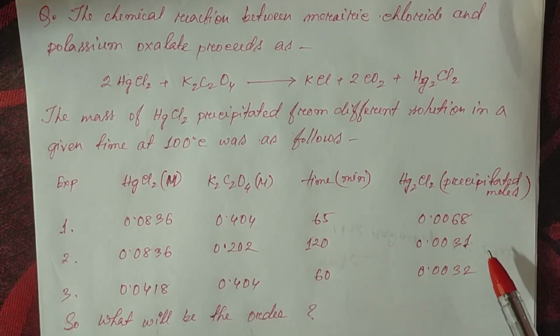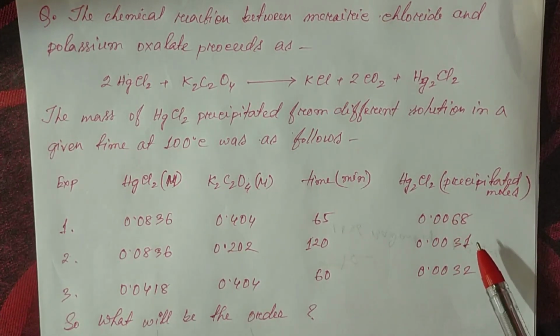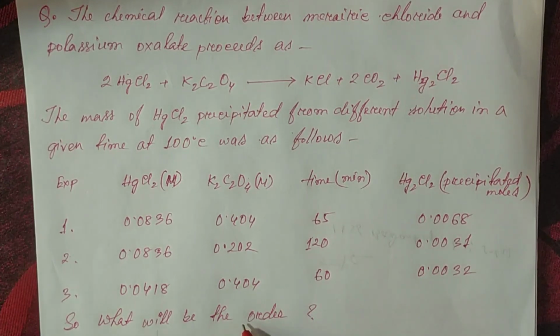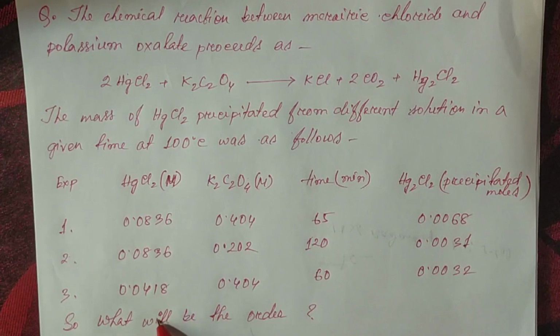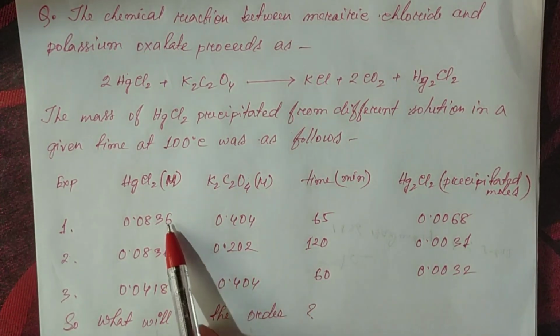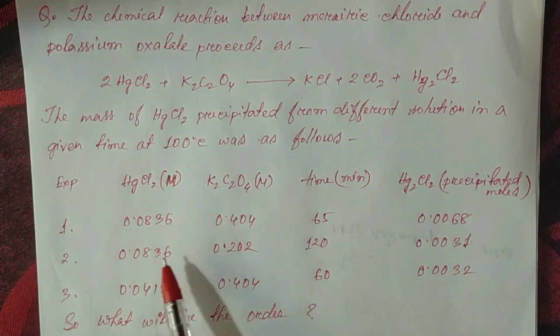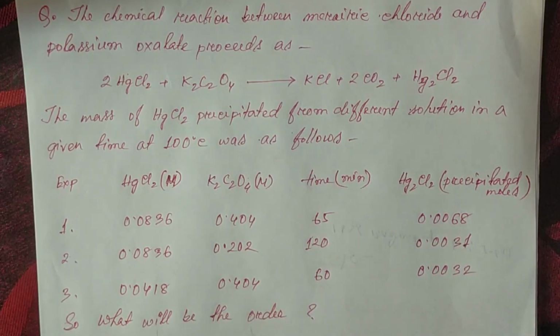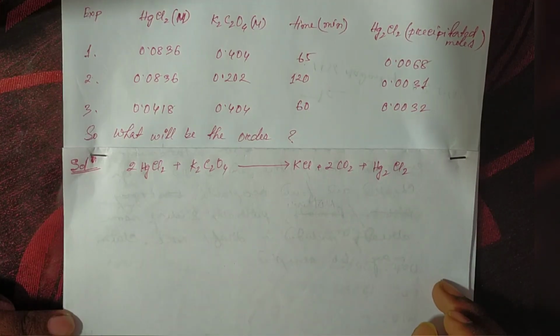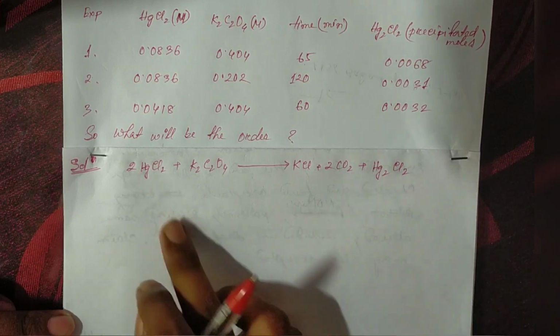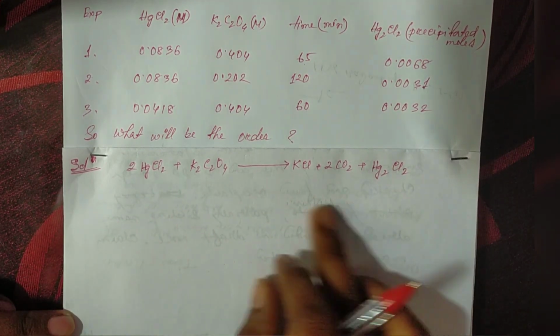But you can see that the rate is not given, and they are asking what the order is. To calculate the order, we have to know the rate, so first of all we have to calculate the rate of these three experiments.